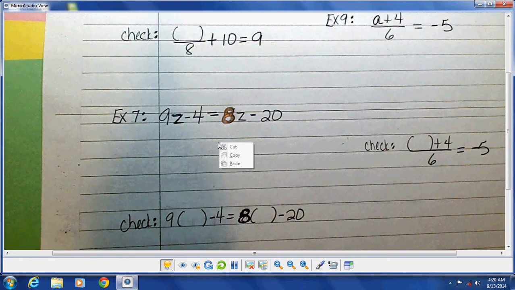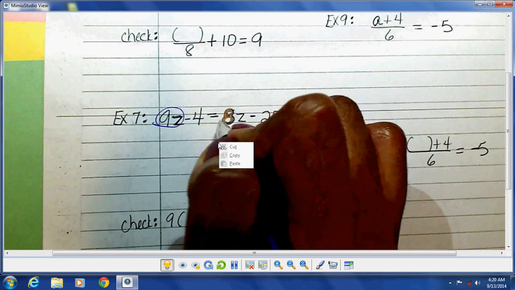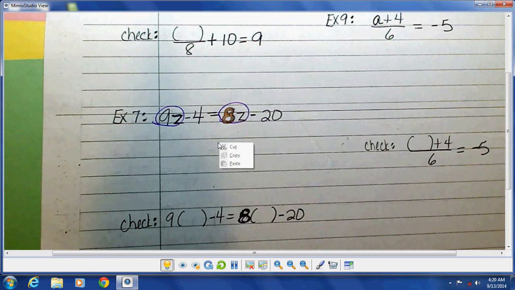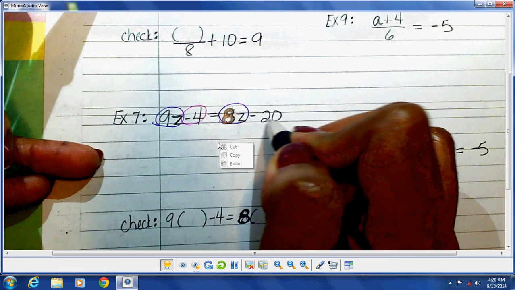Okay, let's solve. Now remember we talked about you have to combine like terms first. So in this problem, my like terms are my variable terms, which are the numbers with the variables attached. And then we also have constants, which are just numbers by themselves.